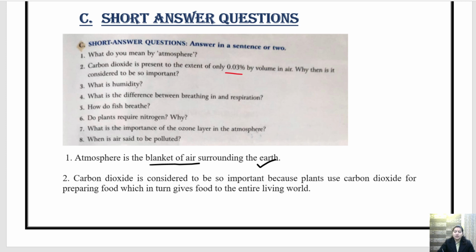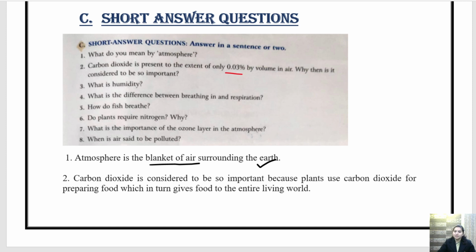Now the question is, why is it so important when it is present in so small an amount? Because the plants require carbon dioxide for the process of photosynthesis, isn't it? With the help of photosynthesis, plants prepare their food. And when they prepare their food, they release oxygen. And oxygen is very essential for our survival.